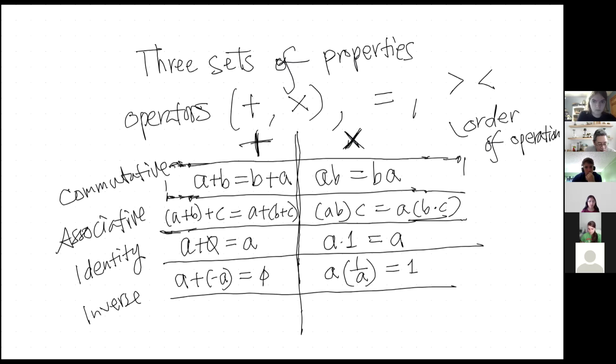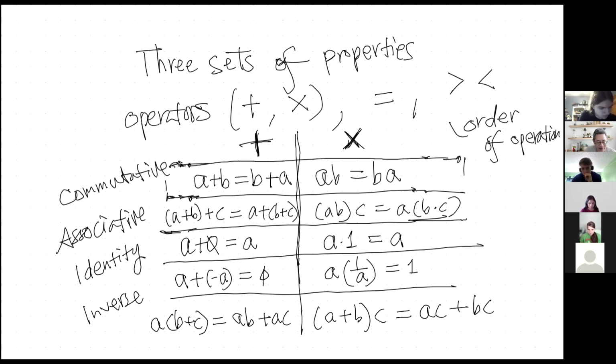Very good. Now we have this: A times the quantity B plus C, with the parentheses, equals A times B plus A times C. Or we can go A plus B, times C, that is AC plus BC. And what's this called?